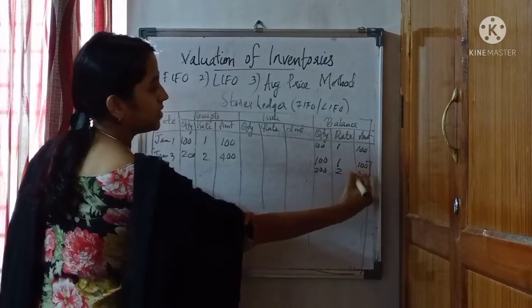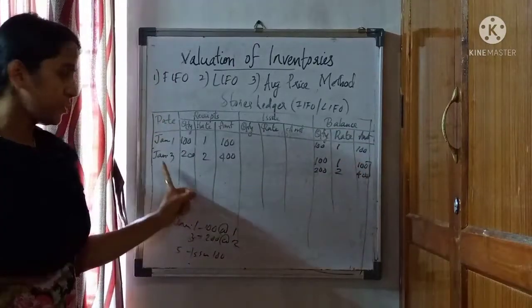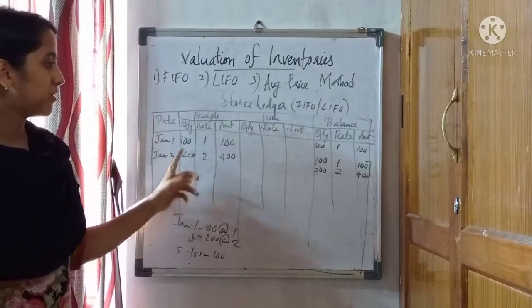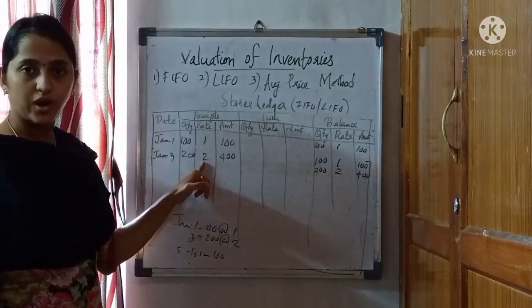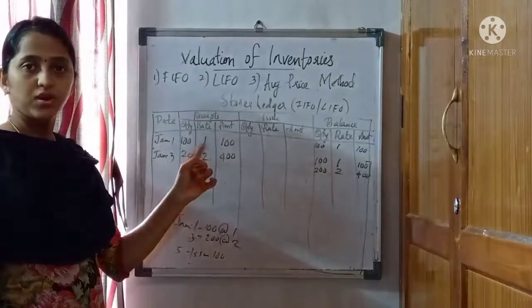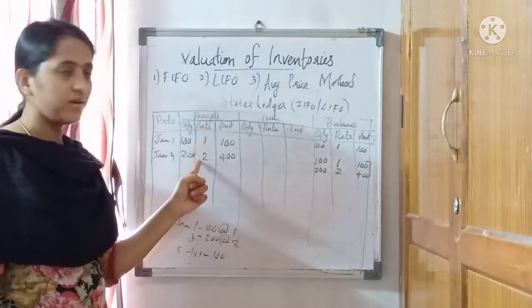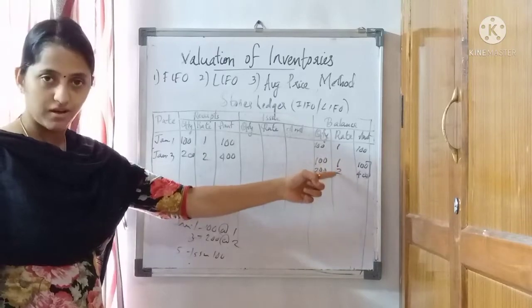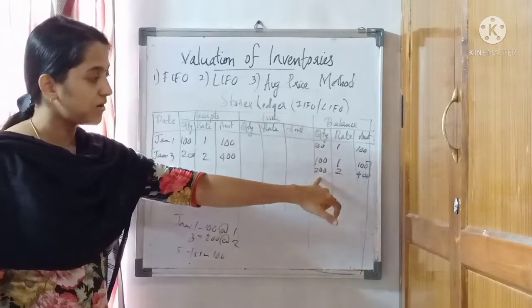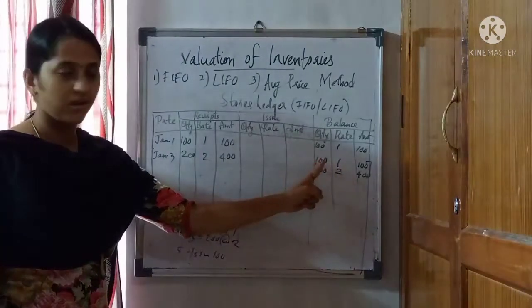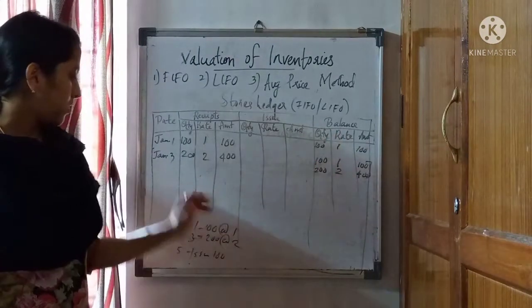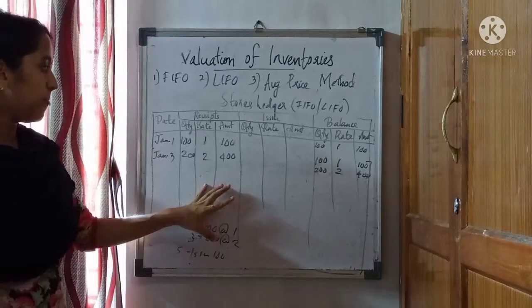So this is the total balance on January 3. One thing is that if the rate here was also 1, we could club these two. Since here the rate is 1 and here the rate is 2, we write them separately. If the rate was also 1, we could club 200 plus 100 and write 300. Okay, so this is the method.